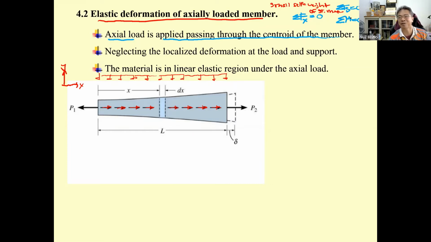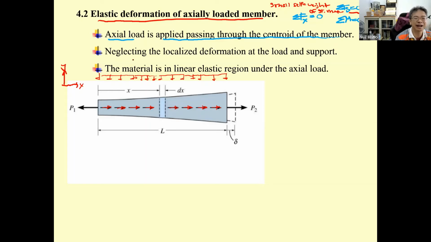Okay, but I have to say this because this is the real thing that we just neglect. So there are a lot of assumptions, but practical. Most of the time for the column, the weight of the column is small compared to the strength of the column.